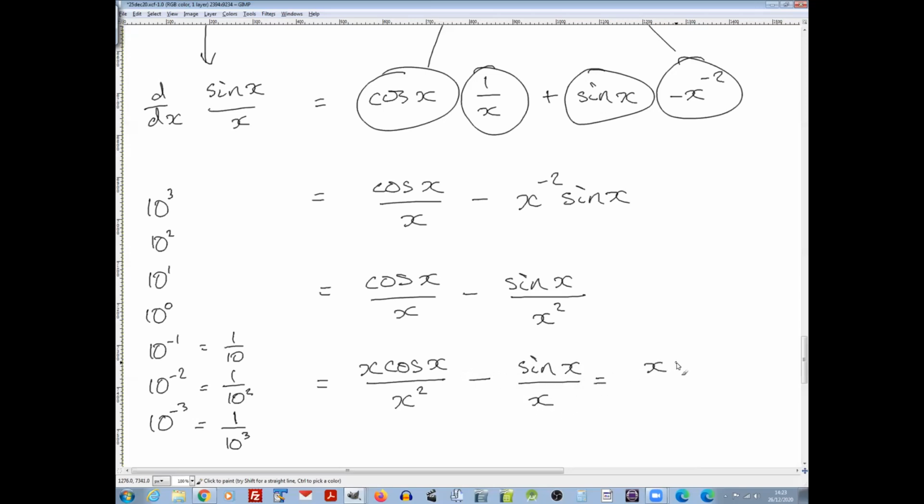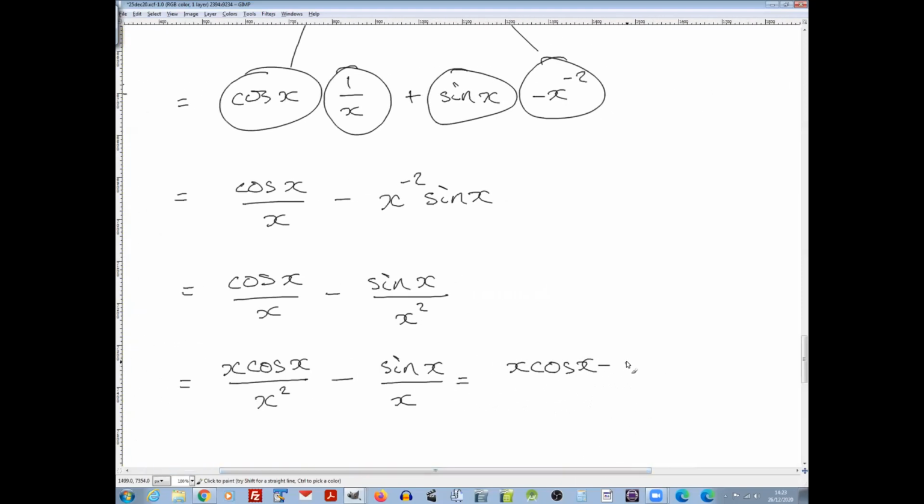X cos x minus sine x. We done? I've forgotten where we started, maybe. Forgotten what we were trying to get to. Well, let's not look back far. Let's just look back to here.